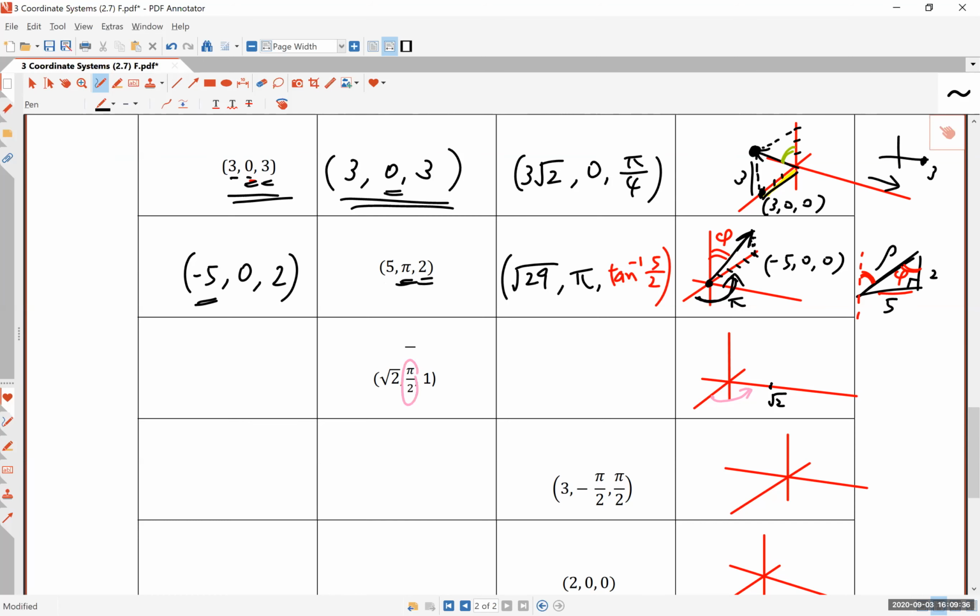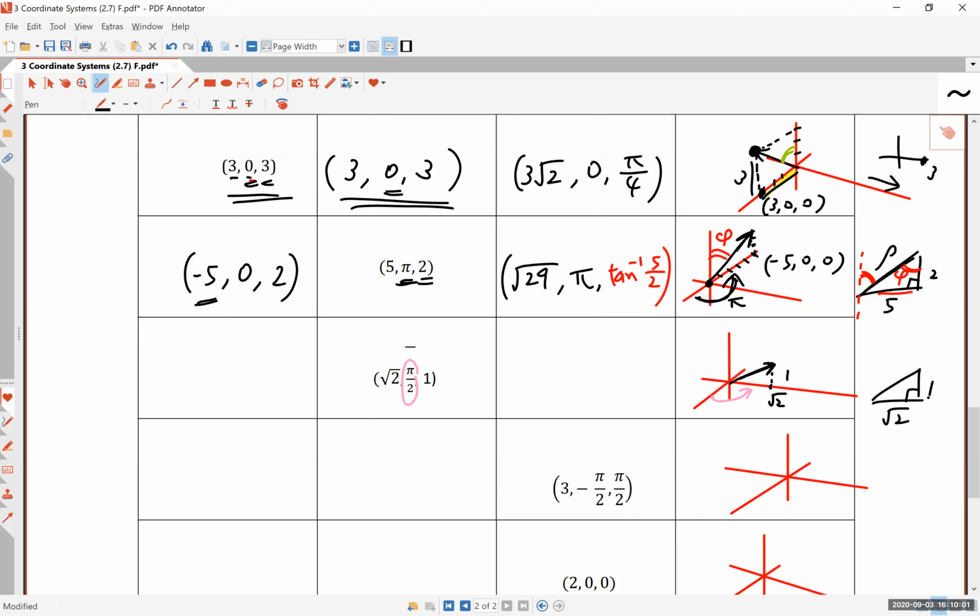And that's 1.414 and so on, is the square root of 2. And then you go 1 unit up here. So the point we're talking about is the tip of this vector here. And so the triangle looks like this, square root of 2 and 1.